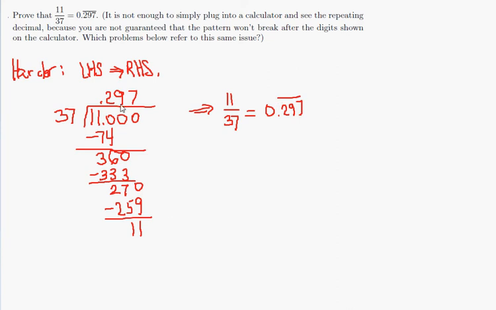Stated another way, if I look at what I have written down here so far, if I move the decimal spot over 3 places, I know that 11,000 is equal to 297 times 37 plus 11. Let me change colors here just to make this a little easier to see.